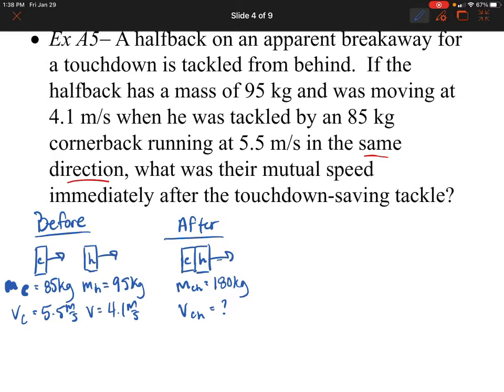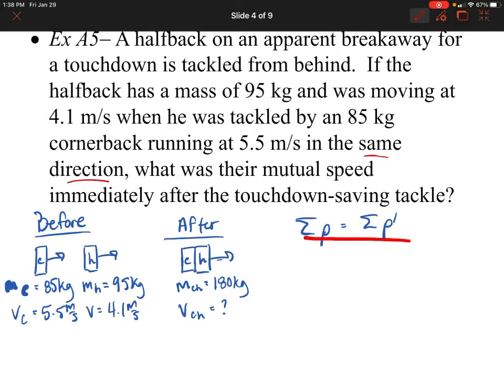So when we do the sum of momentum beforehand and afterwards, it might look a little bit different this time, but that's fine. I'm always going to preface conservation of momentum with this statement. I know it's going to start to get a little bit repetitive, and you're going to start going, okay, why are we always doing this? But what you're doing with that simple statement is stating, this is a situation in which I have conservation of momentum.